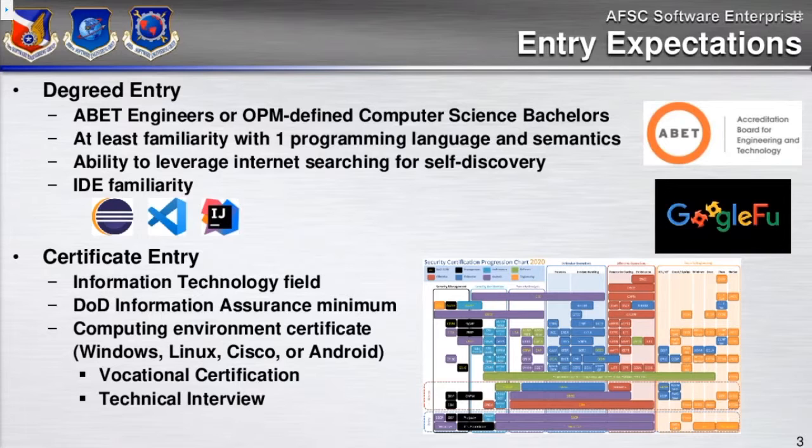If not, there's the OPM, Office of Personnel Management, that defines what a computer science degree needs to look like. There's a certain amount of hours of math, a certain amount of hours of actual computer science depth, and those are defined by the Office of Personnel Management for DoD. So based on what the OPM provides us as a baseline, that's usually what we have to use.